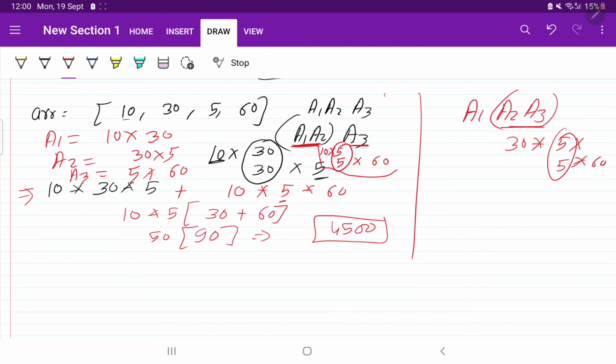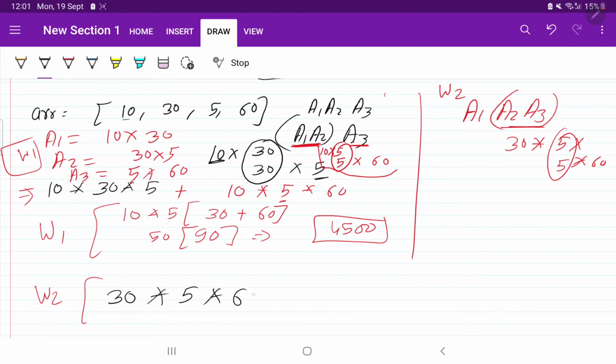I told you this is the way 1, W1, and this is W2. The cost is going to be 30 into 5 into 60. After multiplying, the dimension becomes 30 into 60, and the dimension of A1 is 10 into 30.